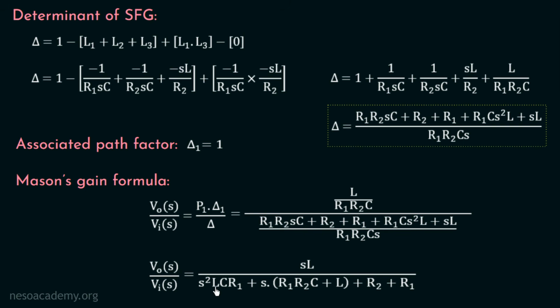And this is the overall transfer function of the given electrical network, and we have calculated this by modeling the network into its equivalent signal flow graph and then by applying the Mason's gain rule.